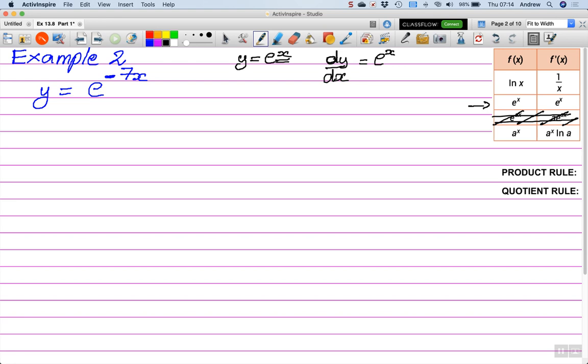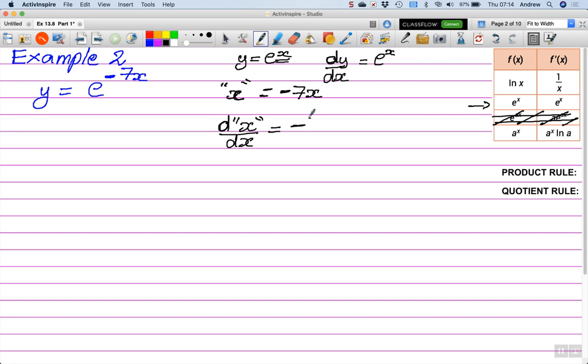The x in the formula, I'm now going to compare it to the power in the question, and the power in the question is minus 7x. So the x is equal to minus 7x. So when I differentiate this, because this is the chain rule, this is actually the chain rule written out in a much longer format.